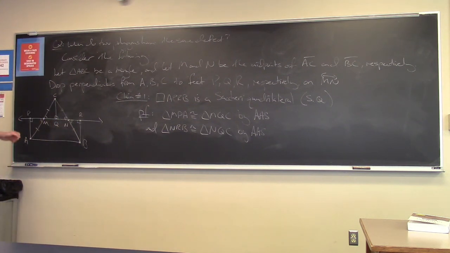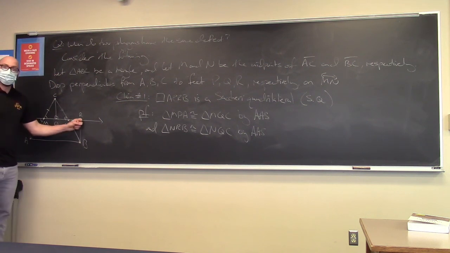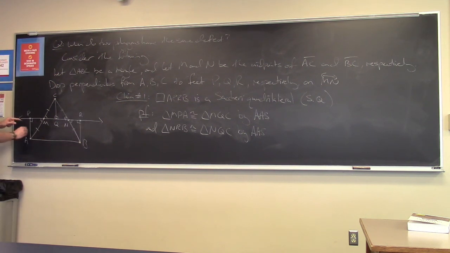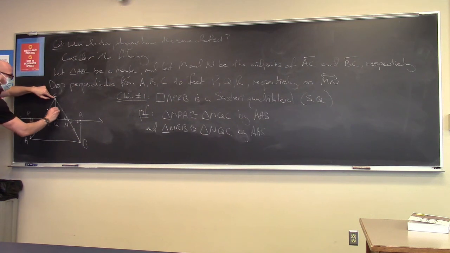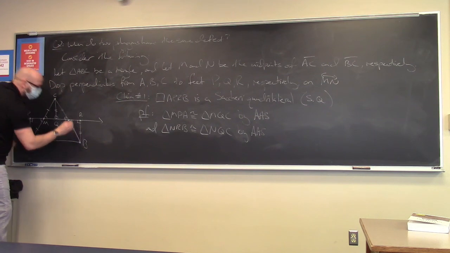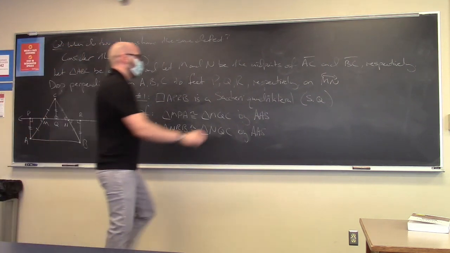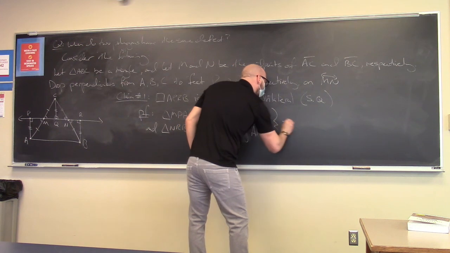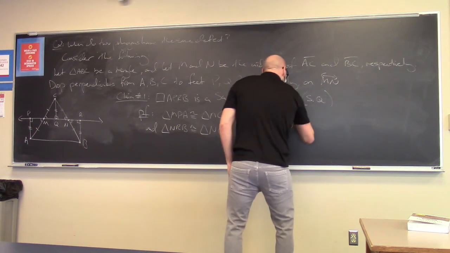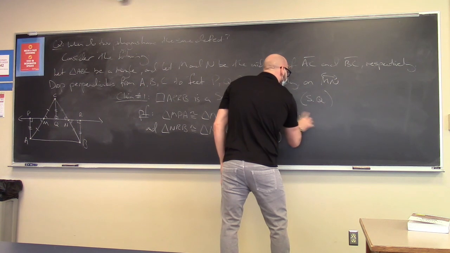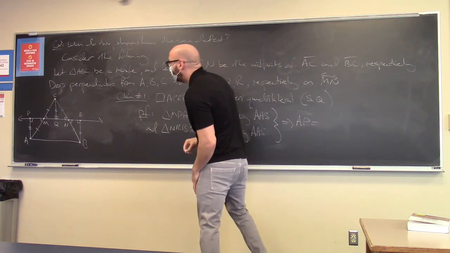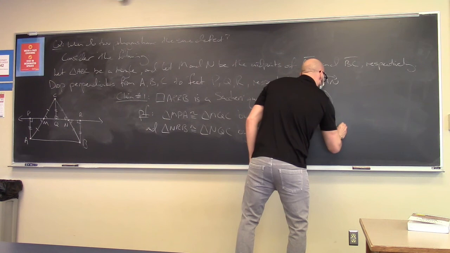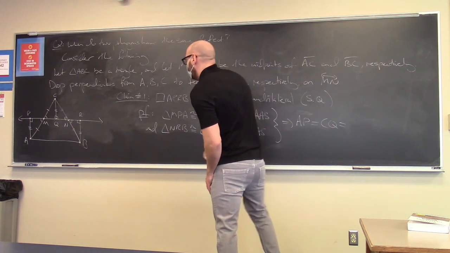So what did I want to do? I wanted to show that AP and BR are the same length. By congruence of triangles, AP is the same length as CQ. And by congruence of triangles, these two, CQ is the same length as BR, which is what I wanted. So these two results together give me that AP is equal to CQ, which is equal to BR.